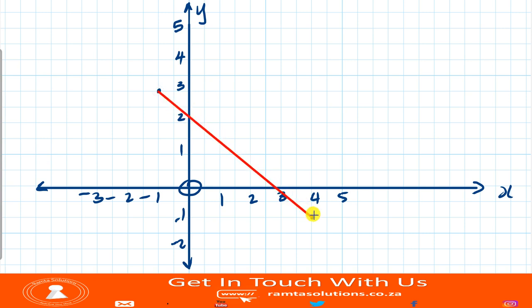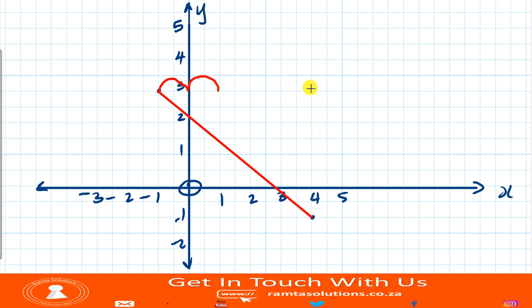Now I want us to see, when you look at the points that we got, if we will really get the points that we got there. So let's see. As you move from left to right, from -1 to 4, where's the midpoint? 1 step, 2 steps.